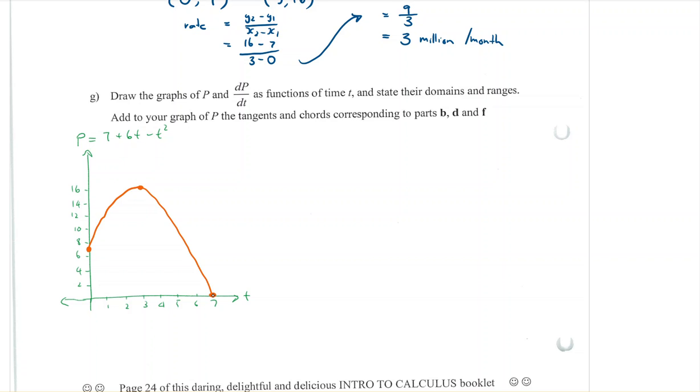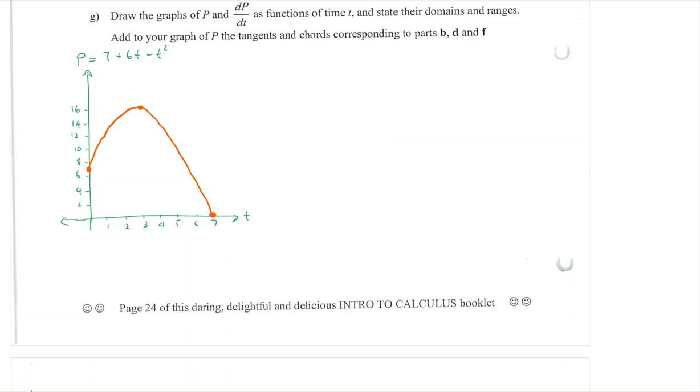I was asked to find the domain and range of that. This is good practice for people finishing their logo. So domain, not X, T. It's normally X, but T. For this particular question, what is my domain? Greater than 0.